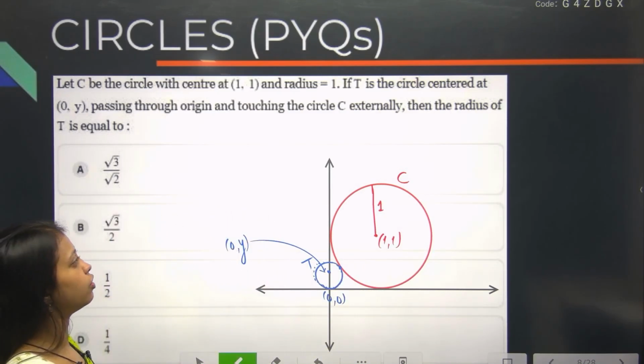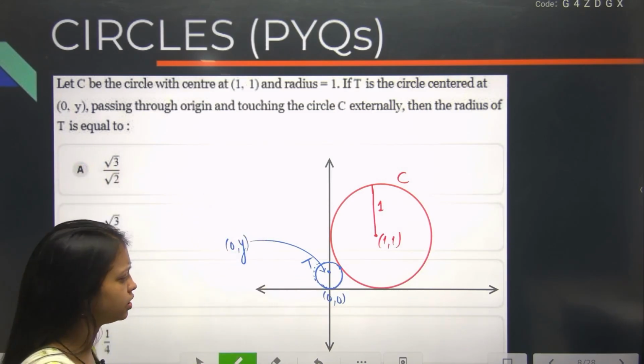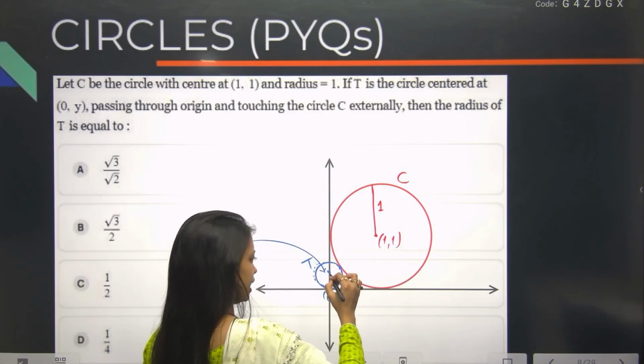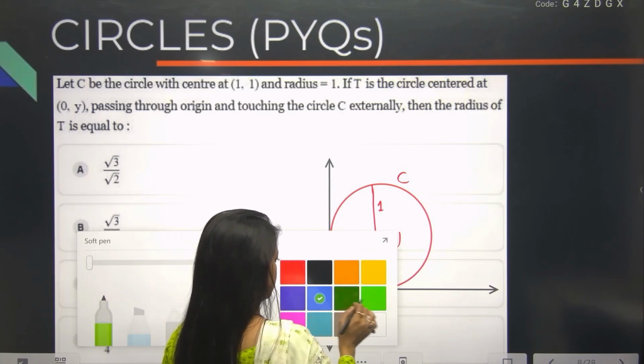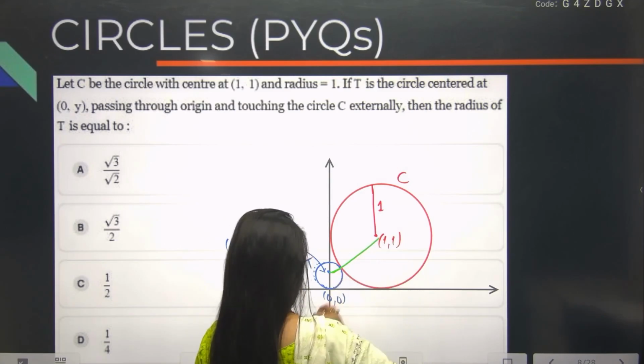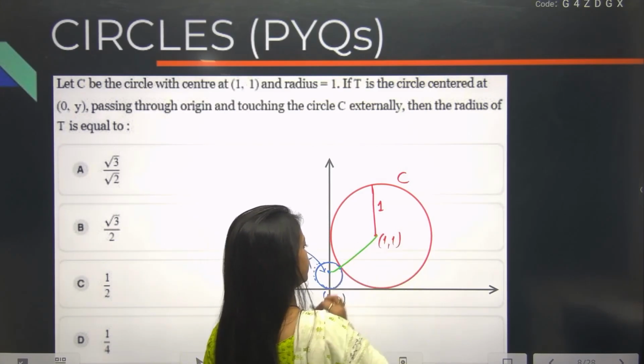Now let's see what they're talking about. They are asking for the radius of T, that means the radius of this circle, very simple. See, if they are touching externally, let's join their centers.